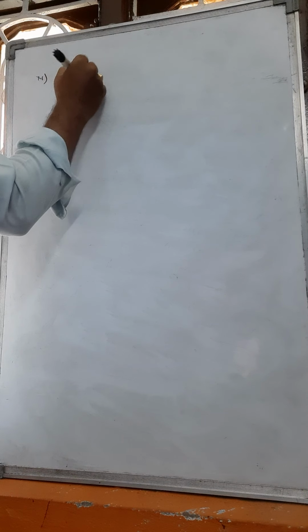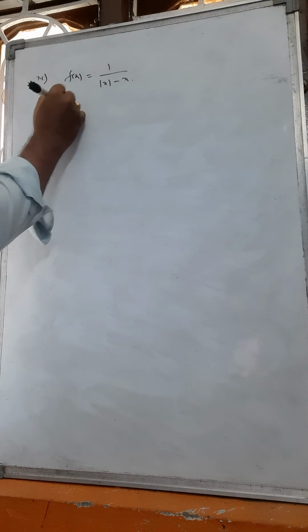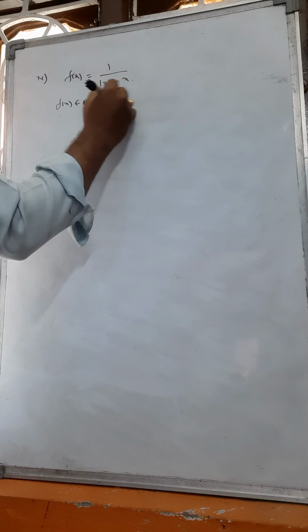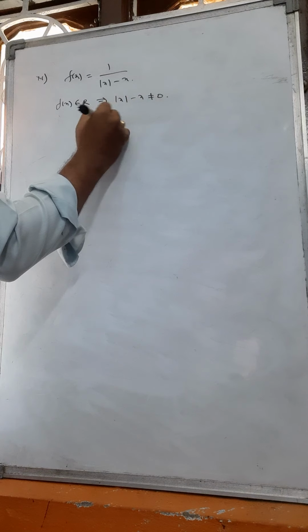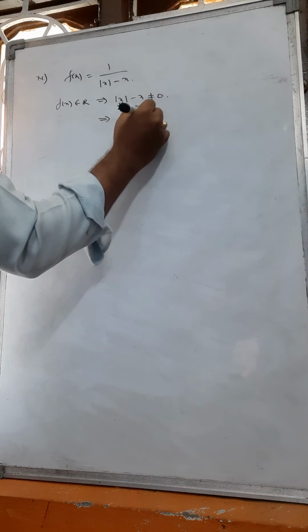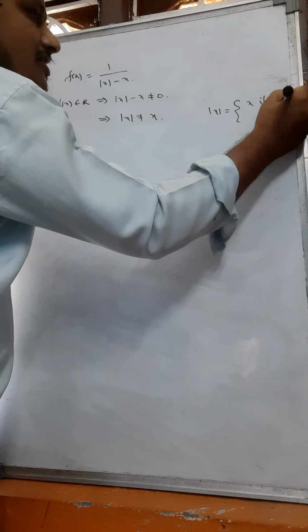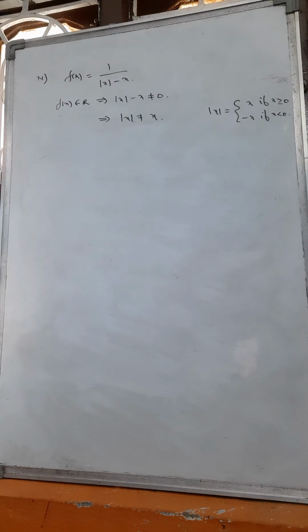Next, the 11th problem. f(x) = 1/(|x| - x). So f(x) belongs to R, so |x| - x is not equal to 0. That means |x| is not equal to x. Mod x is defined like this: x if x is greater than or equal to 0, and -x if x is less than 0.